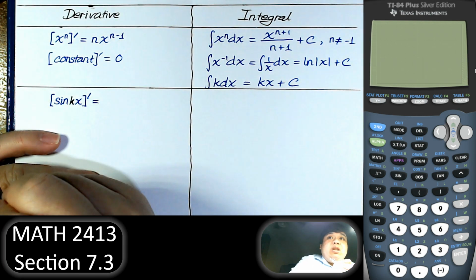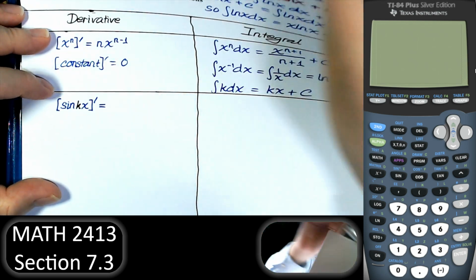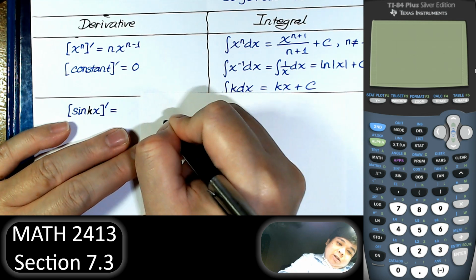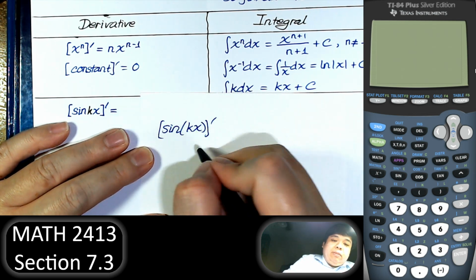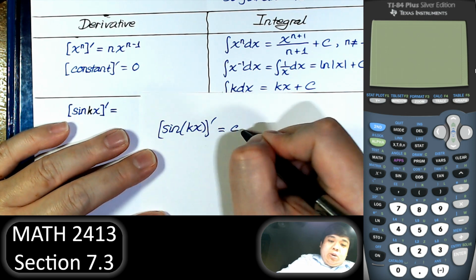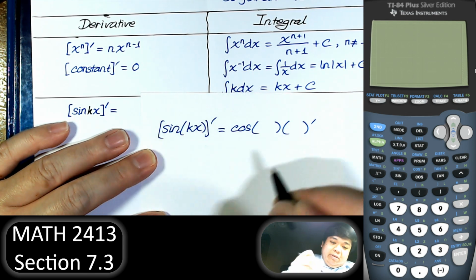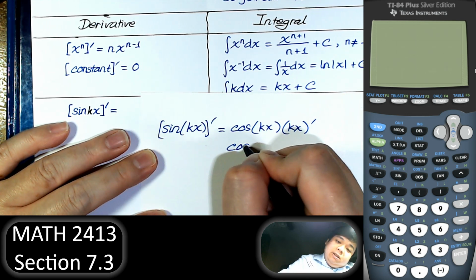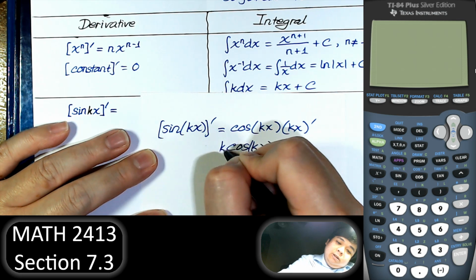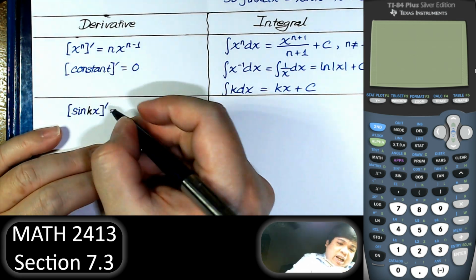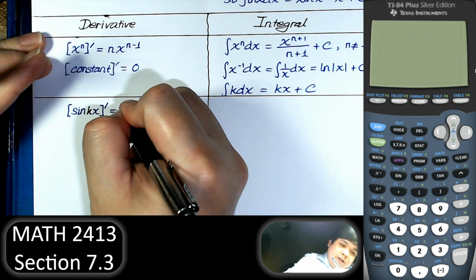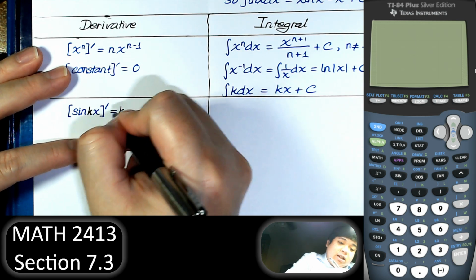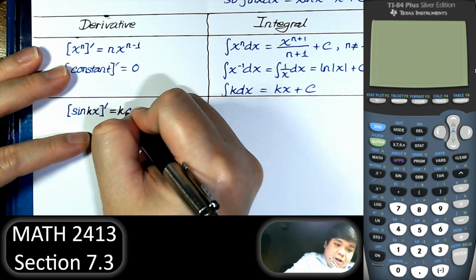All we need to do is use the chain rule quickly: sine of kx, the derivative is equal to cosine of that, times the derivative of the parentheses, which will be just k. So when we have kx instead of x, if there's a k, that's perfectly fine. We just multiply it in. And then sine goes to cosine.